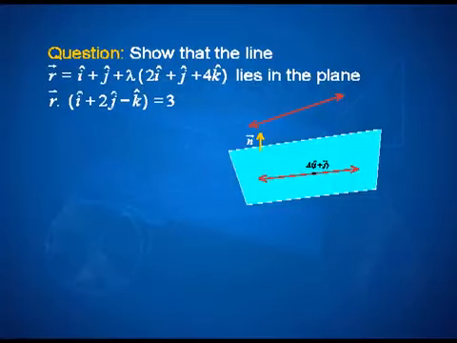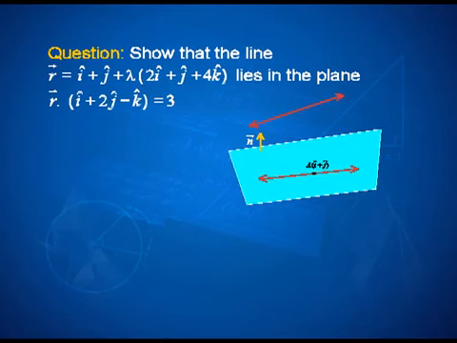Now, for the line to lie on the plane, is it enough to show that the normal is perpendicular to the line? What if the line is parallel to the plane? The condition is still satisfied, but the line does not lie on the plane.